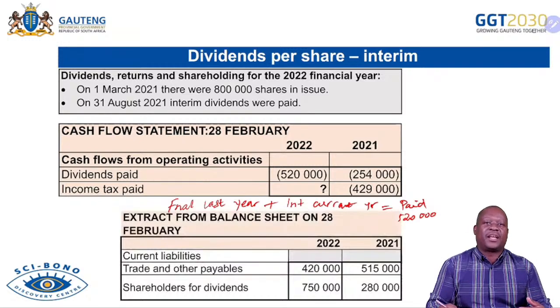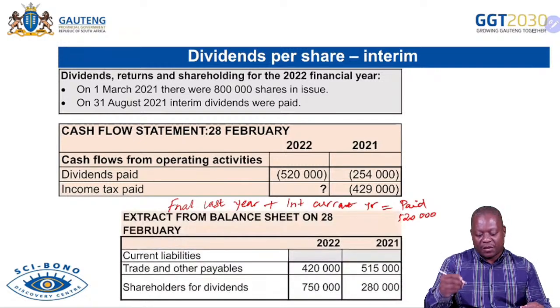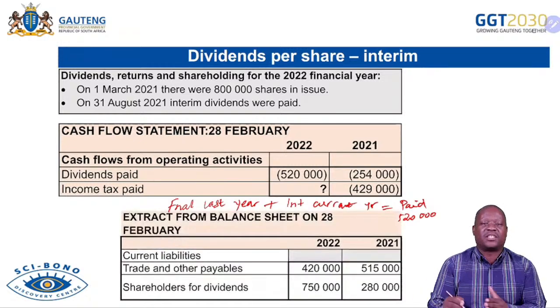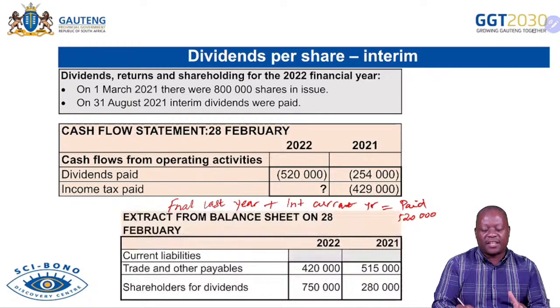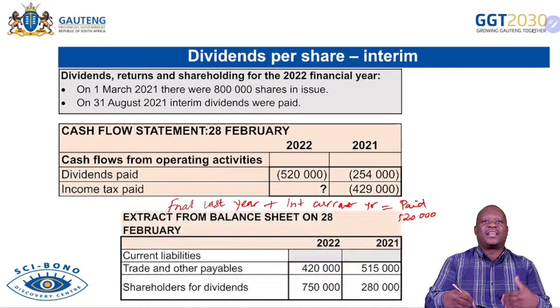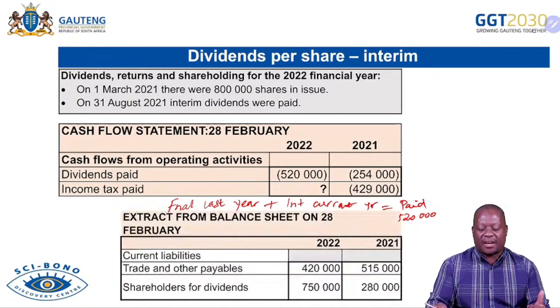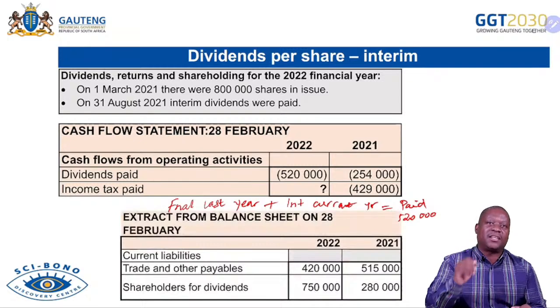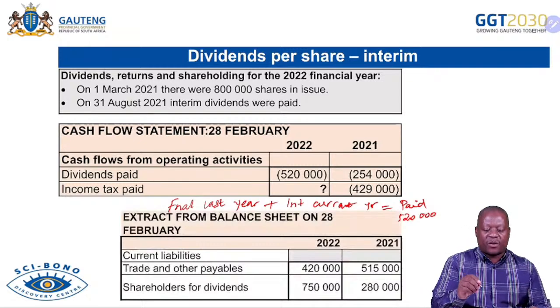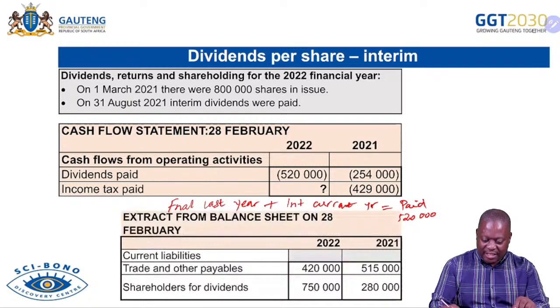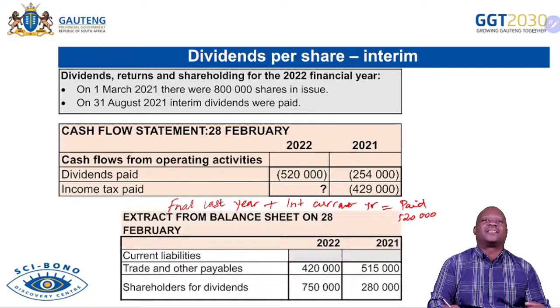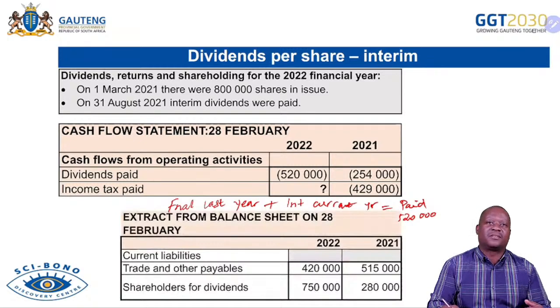The final dividend. So the final dividend last year, which is in 2021, was 280. And the final dividend in the current year is 750. But we are much more interested in the final dividend of last year because it is going to help us find our interim dividend. How do we go about it?